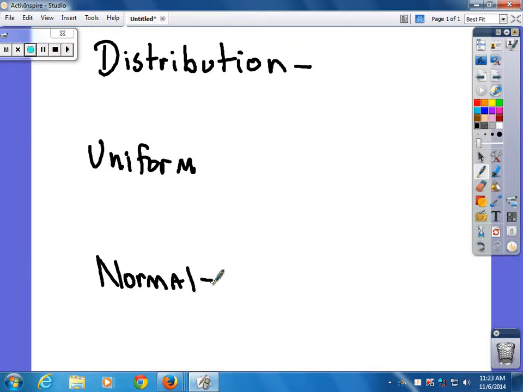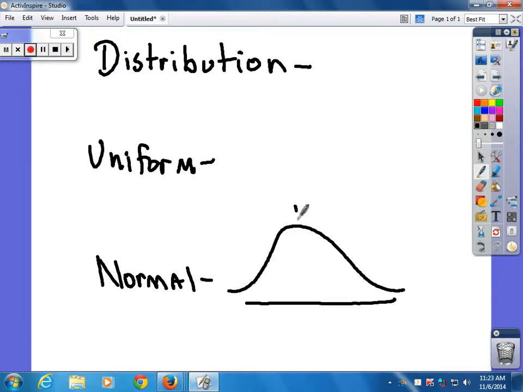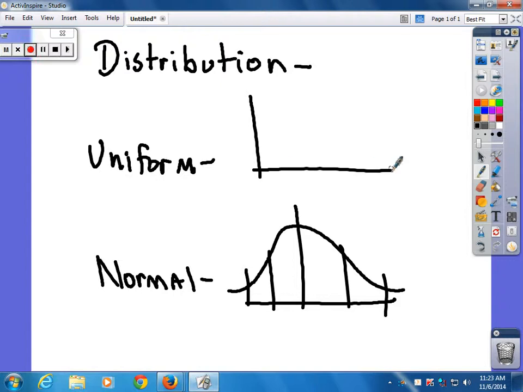The normal distribution is the old bell curve, with 95% of it falling within 2 standard deviations. The uniform is usually a rectangular shape, and both have an area of 1.000.